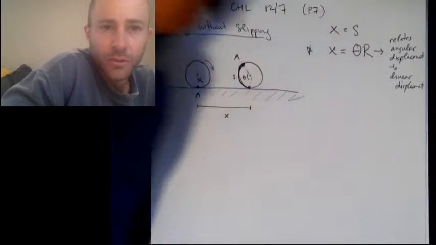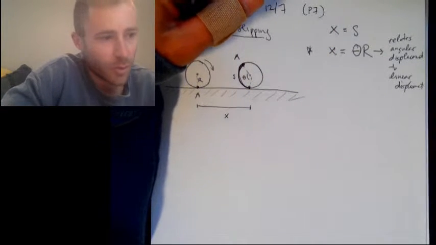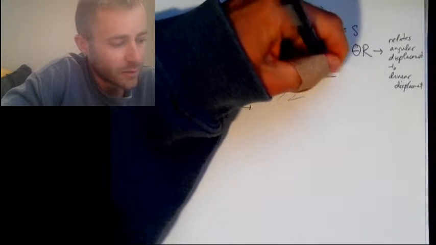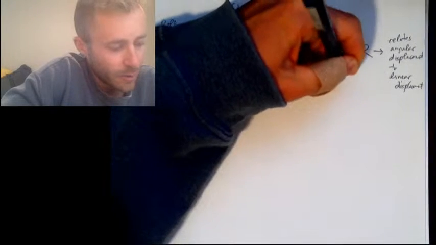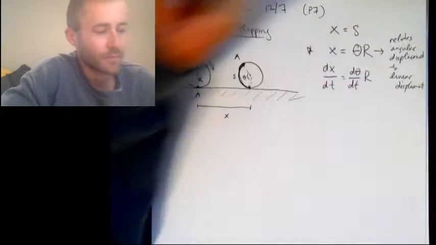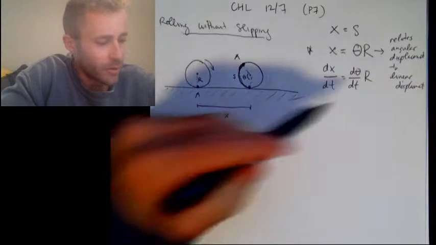Now what we're going to do is take the derivative of both sides of this equation. I get dx dt equals d theta dt times r. Why didn't I take the derivative of r?